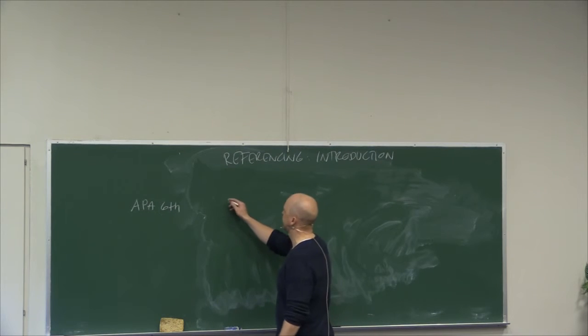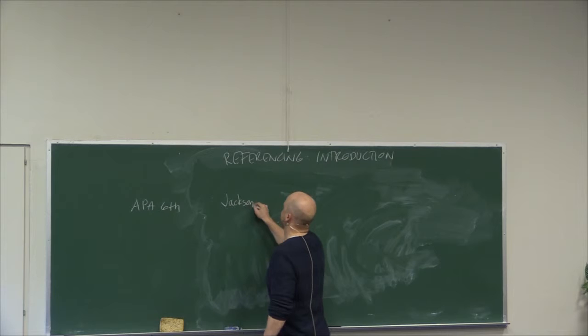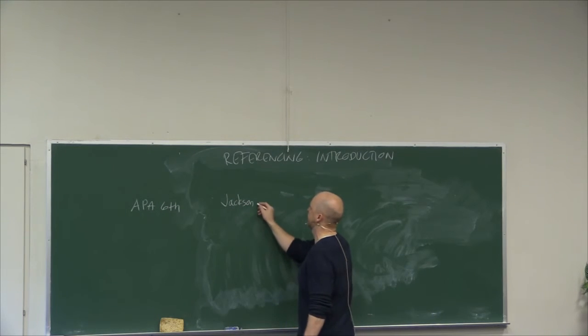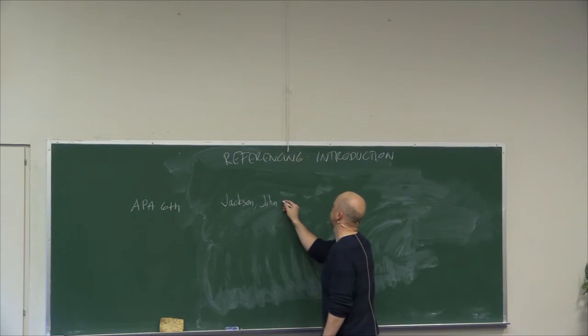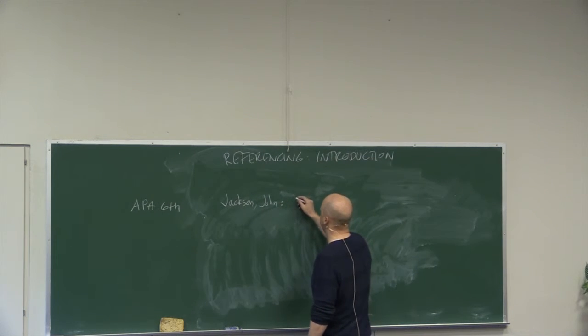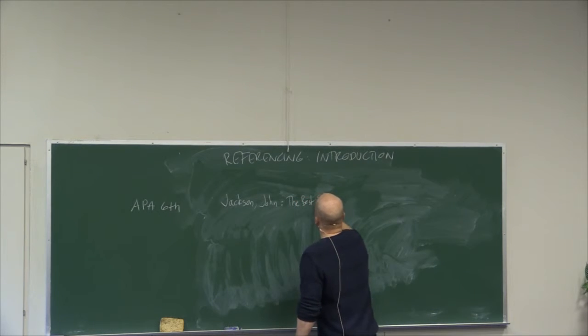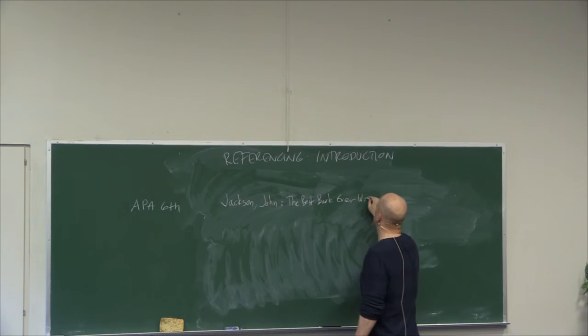So for instance then, if we had this Jackson person in the list of references, it would be Jackson and then first name, John Jackson, let's say, and maybe the title of his book was The Best Book Ever Written.